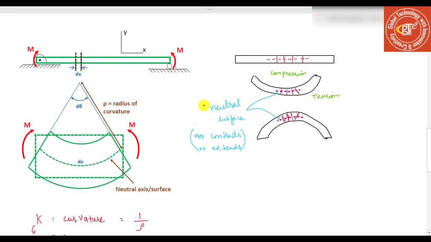And so here's my beam with constant bending moment applied. Let's now look at a little differential element. So we will take a slice out of that beam and we will go ahead and bend it.